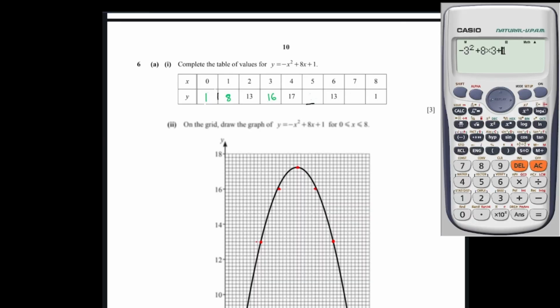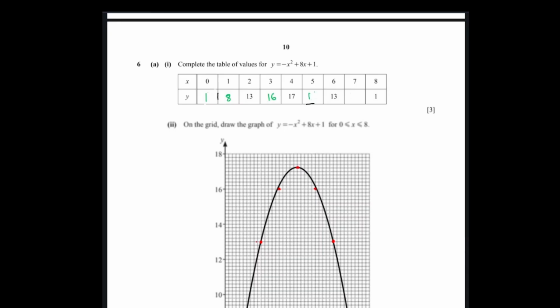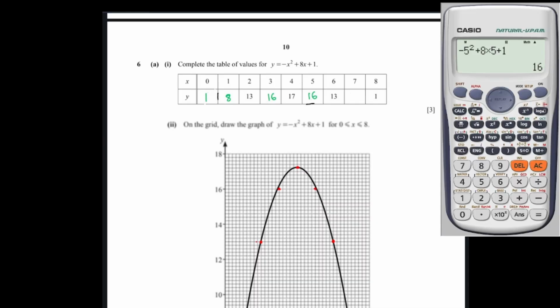Same thing you do, delete and make 5. 16 again. Now 7 is left out, use find for 7.